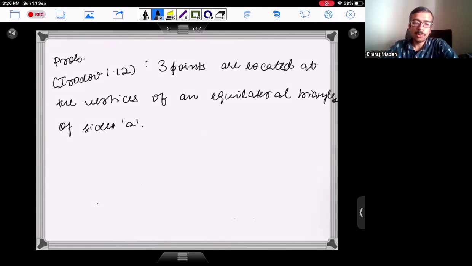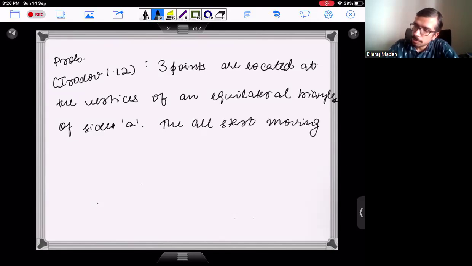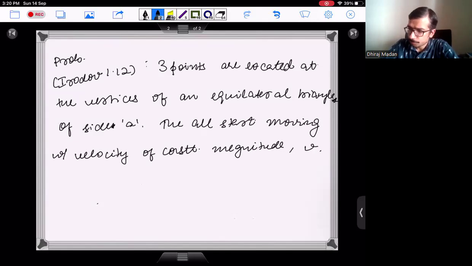Now they all start moving with velocity of constant magnitude. How much is that magnitude? Let's say it is V. And in which direction are they moving? They are moving towards each other.